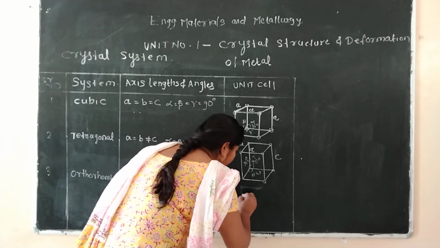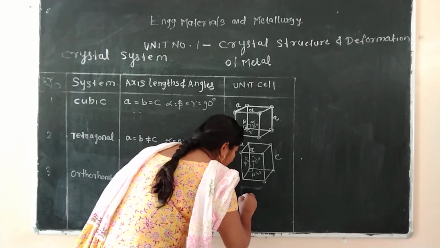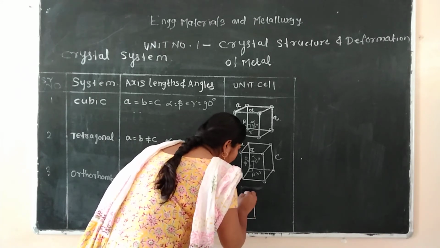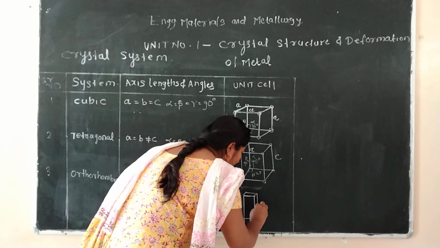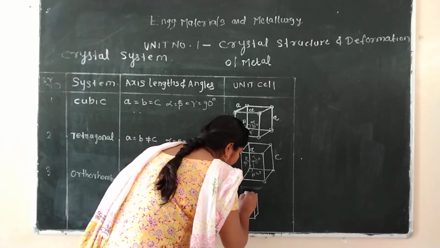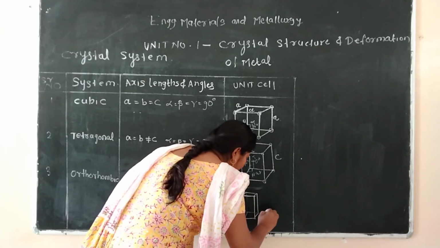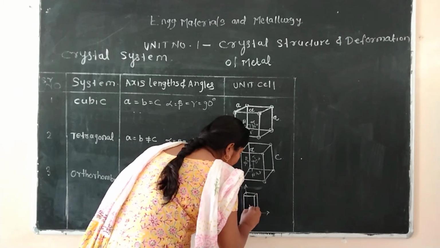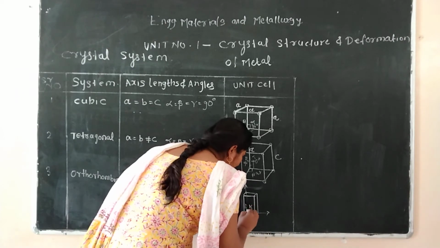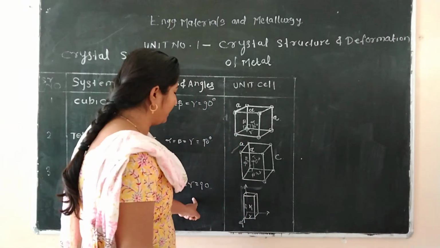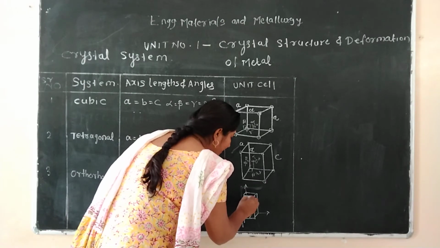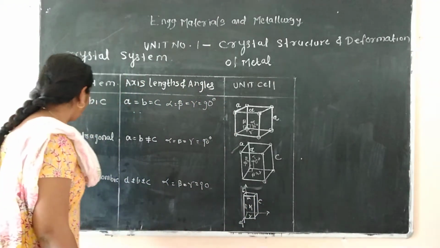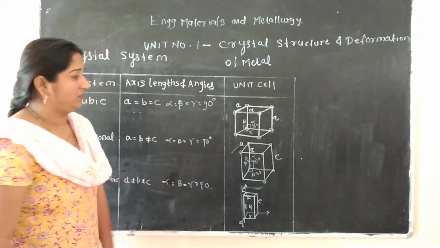The length is different, height is different and the width is also different. The only similarity is that the angles are the same. Alpha, beta and gamma remain 90 degrees, and a is not equal to b is not equal to c. This is called the orthorhombic structure.